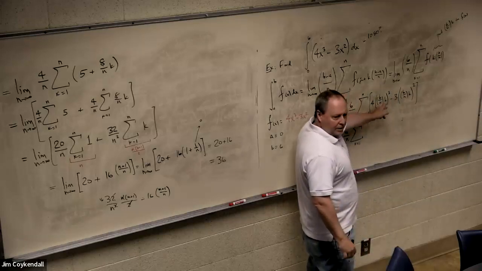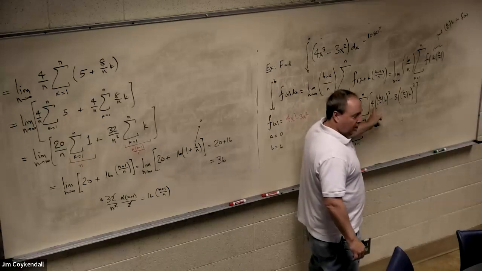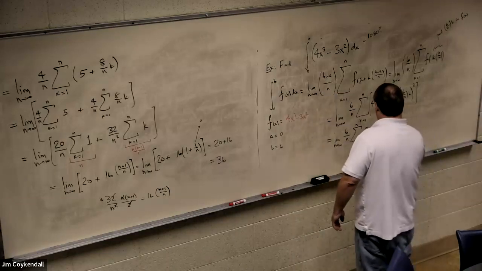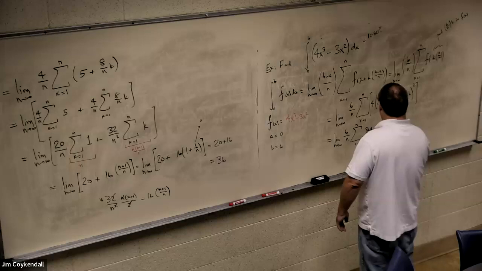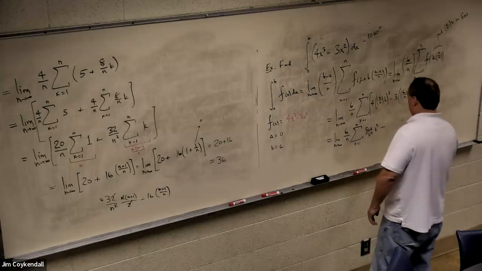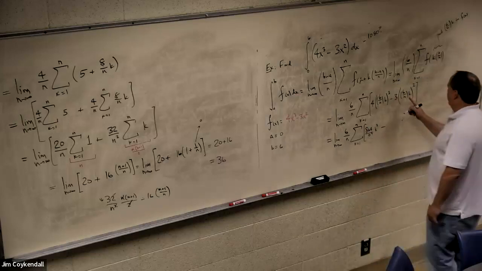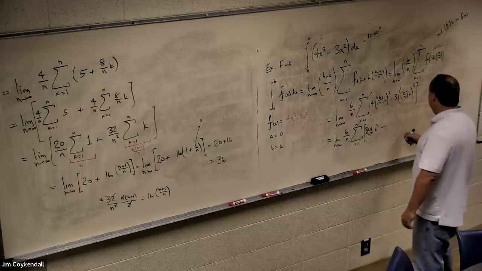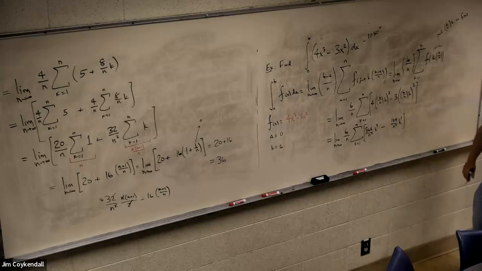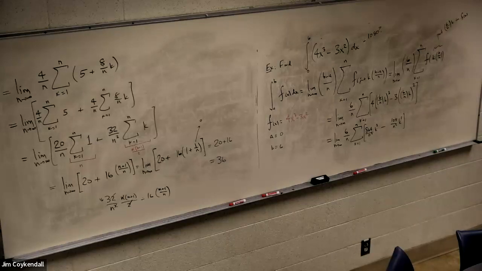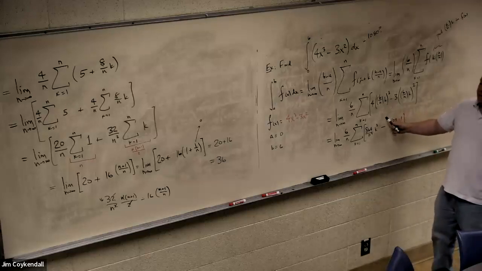Okay, 6 cubed is 216. 4 times that is 864 over n cubed times k cubed, minus 6 squared is 36 times 3 is 108 over n squared times k squared.